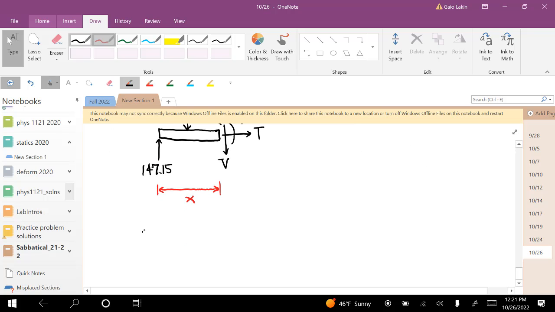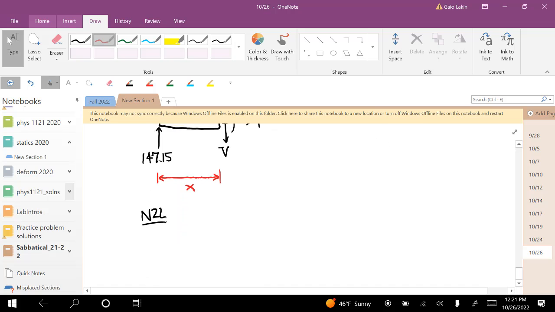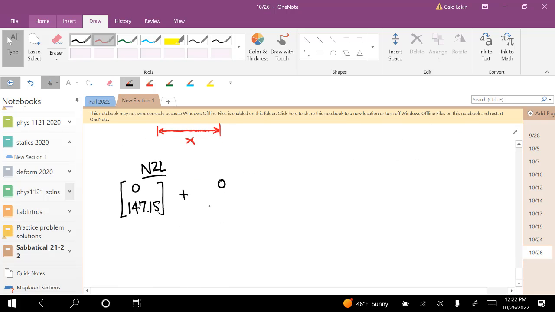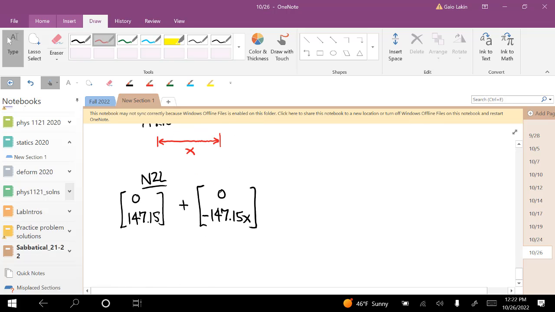So Newton's second law says 0, positive 147.15 plus 0, negative 147.15x plus T, negative V is equal to 0.